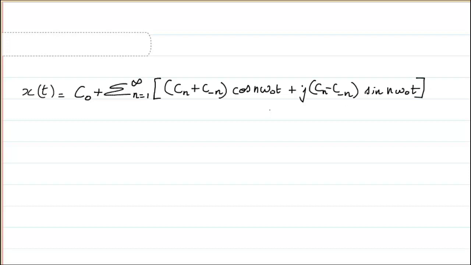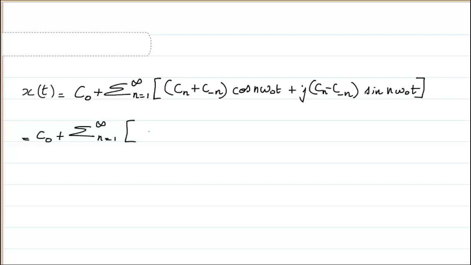I can write this. So now everything is not in terms of A of n or B of n, now everything is in terms of C of n, but still the equation is a little bit big. I will open up the equation, so I can write this as C naught, let it remain there, plus summation n is equal to 1 to infinity.